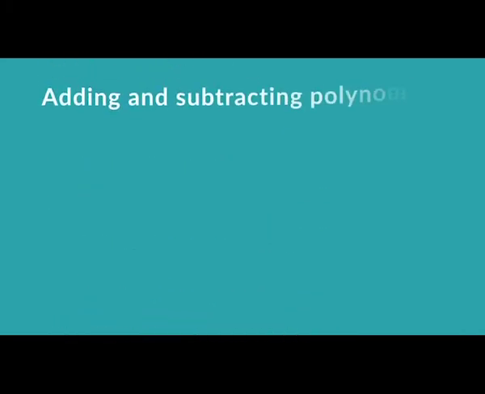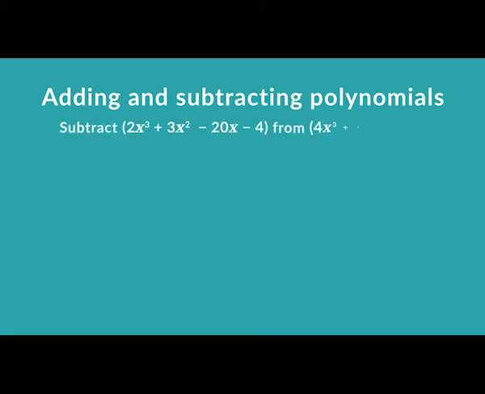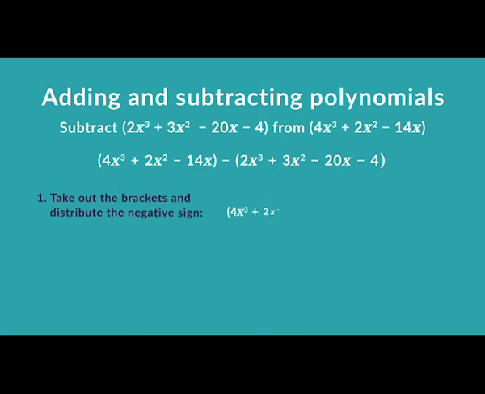When we add or subtract polynomials, we are simply making one polynomial out of two or more polynomials. For example, let's subtract these two polynomials. We're starting with this polynomial and subtracting this one. Step 1. The whole of the second polynomial is subtracted from the first. So each term in brackets must be multiplied by the negative sign.